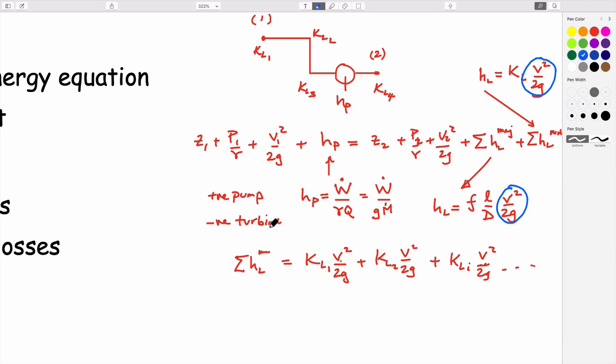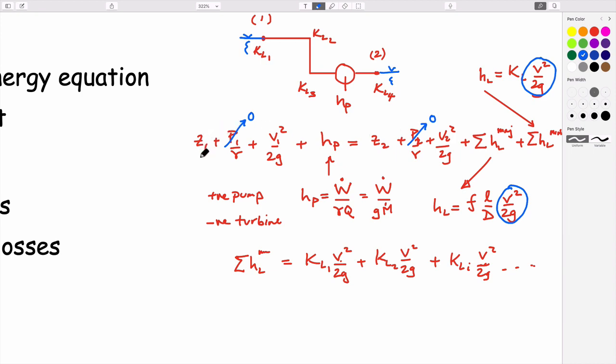And so if the elevations were different but the pressures were the same, so if this was the top of a tank and this was also the top of a tank, then in this expression the pressures would be 0 because they're atmospheric between 1 and 2.